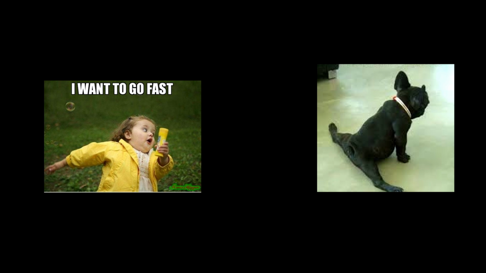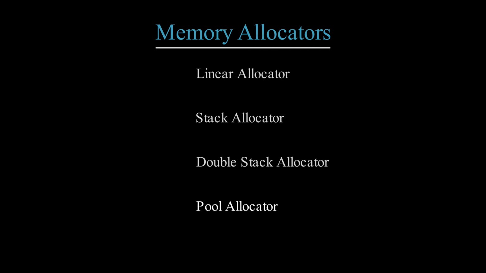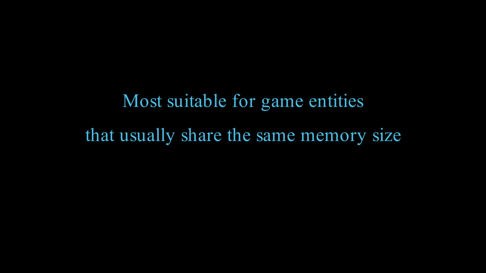We've seen allocators that give us speed and flexibility. But what if we need to allocate and free many small objects and do it frequently? That's where the Pool Allocator comes in. The Pool Allocator is designed for fast, predictable memory usage, especially when you're working with same-sized objects such as bullets, enemies, or any other game entities.